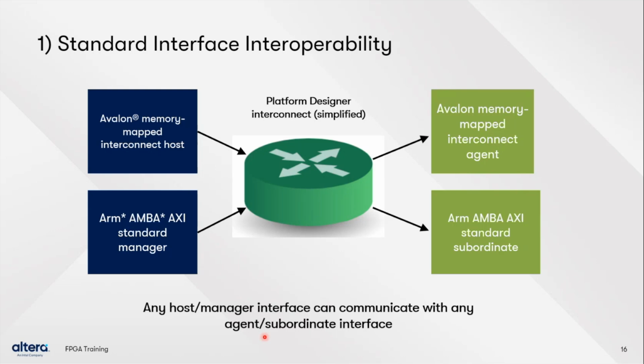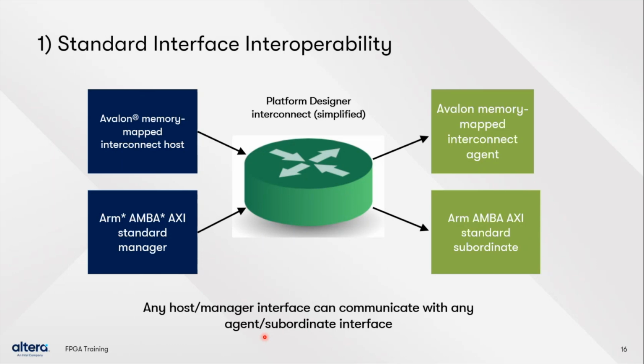Now, there are some caveats to that about the use of certain signals. If you're familiar with AXI, there are many, many signals that make up the AXI standard, and Avalon is a much simpler standard interface. So when there are signals that are used or not used on one side or the other, different logic needs to be inserted to adjust for that.